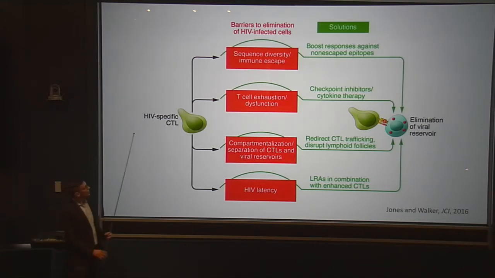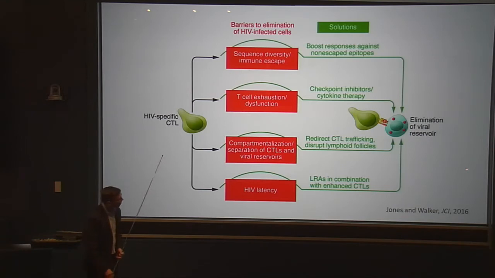So one of the reasons that some T cells might not be able to eliminate the last of the HIV is that the virus might have escape mutations. We talked about that before. So maybe if we can redirect the immune response against non-escaped epitopes, we can start to clear out those infected cells. Maybe the CD8 T cells are exhausted. If we use some of these therapies that are used in cancer, like anti-PD1, maybe we can reinvigorate them.